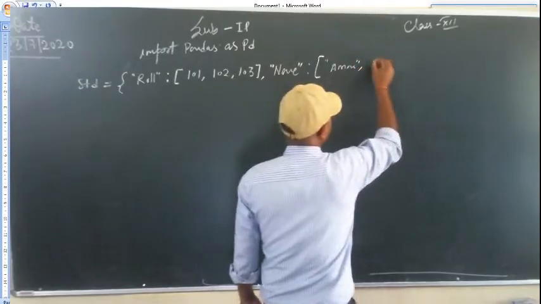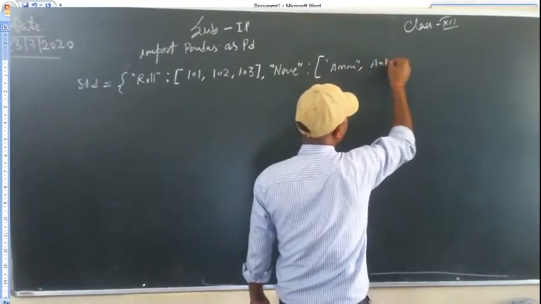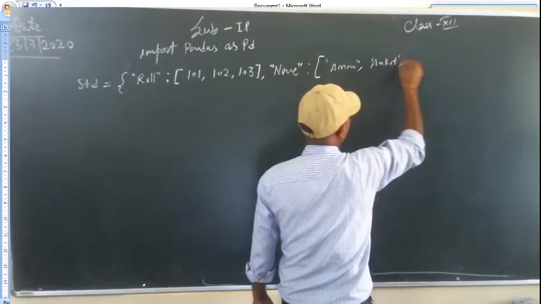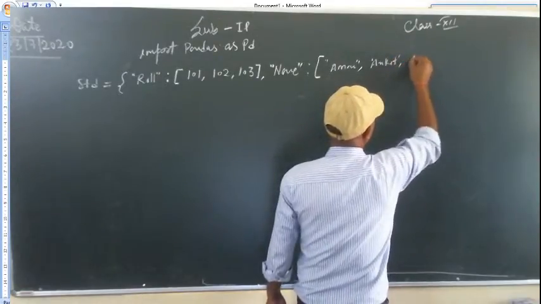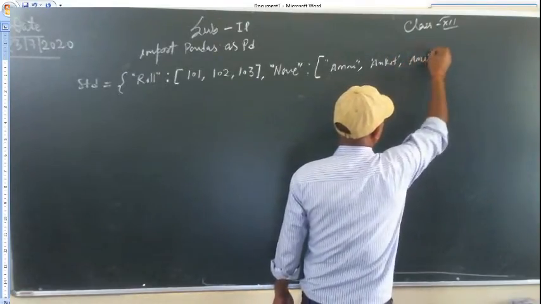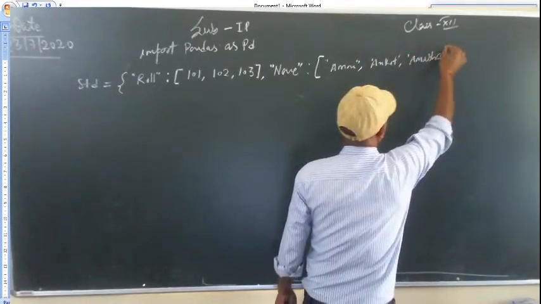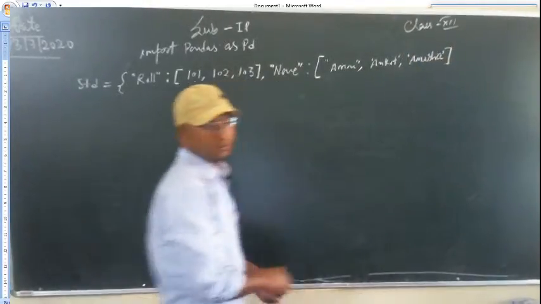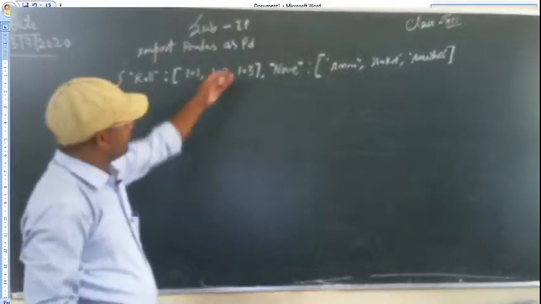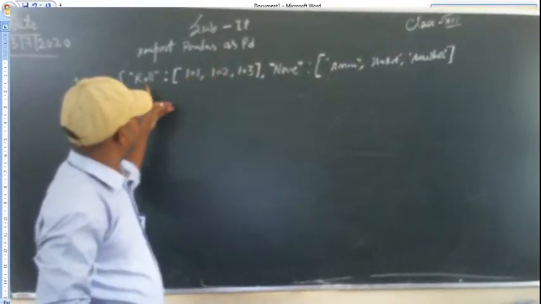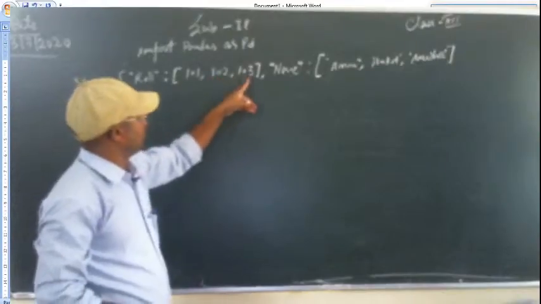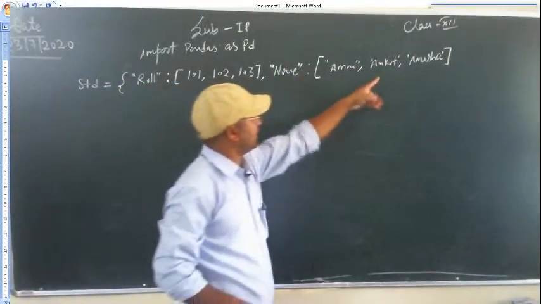Aman, second name Ankit, third name Amisha. This one we have created as key value pairs, like for roll number 101, 102, 103, names Aman, Amisha and Ankit.